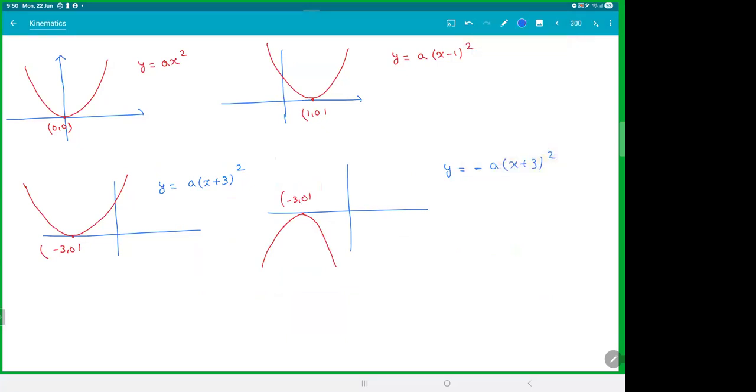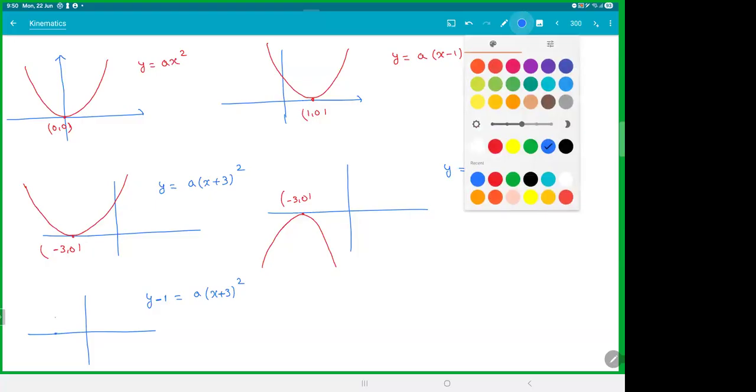And if you do something more, let's say you add something to y also. Let's say it is y minus 1 is equal to a into x minus 3 whole square. Now look at this. When x is equal to minus 3, your y value is some 1.